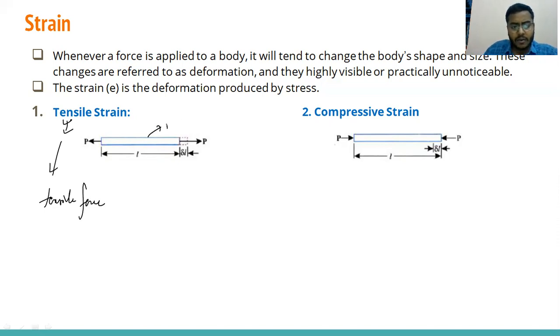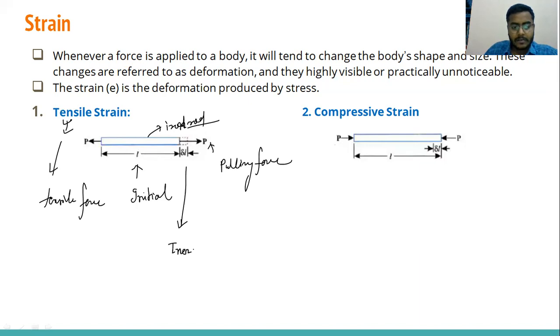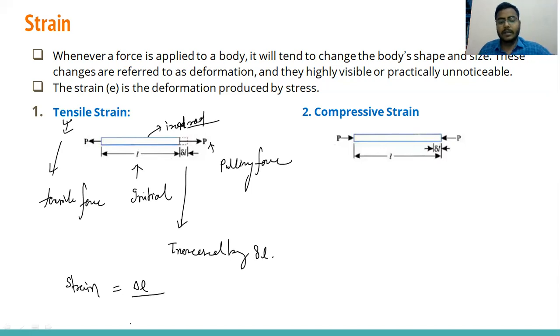Suppose this is an iron rod, and we are applying a pulling force P. Initially the length was L, and finally it increased by delta L. So what is the strain from the definition? Deformation per unit length, or original length.